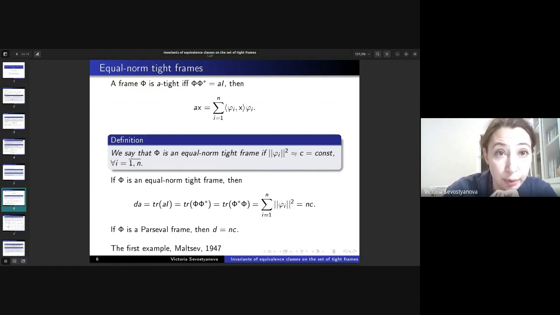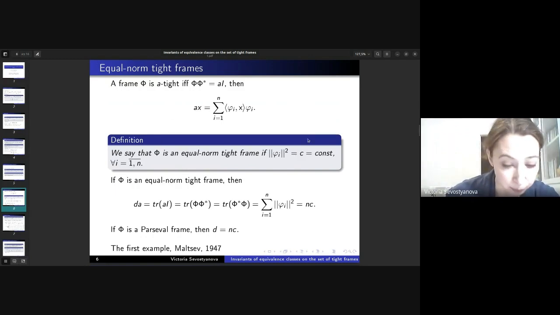Let's talk about equal norm tight frames, a more interesting case. A frame is tight if the frame operator is a diagonal matrix, and then any vector can be reconstructed from the frame by this equation.